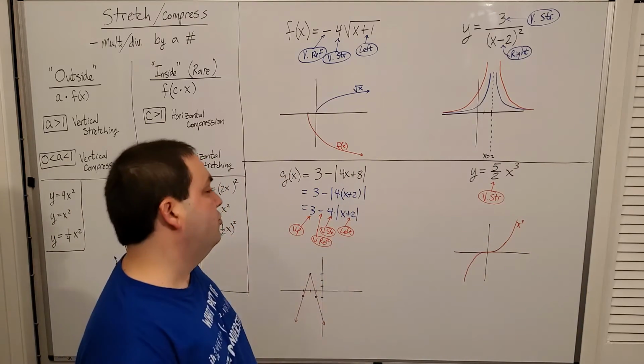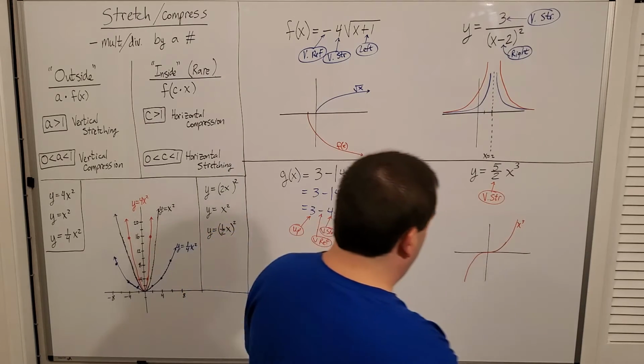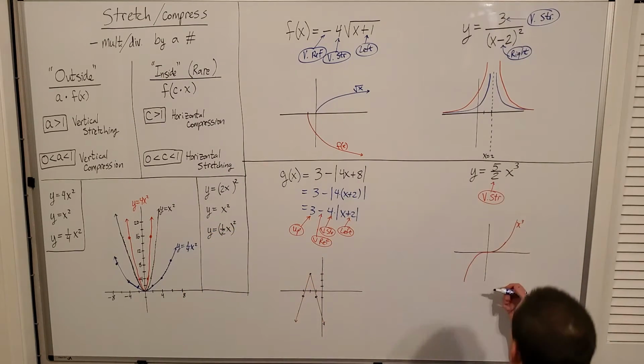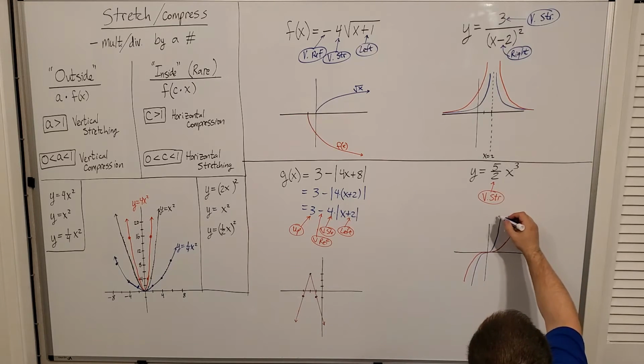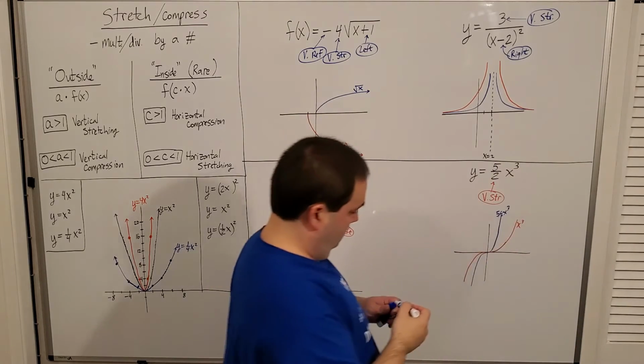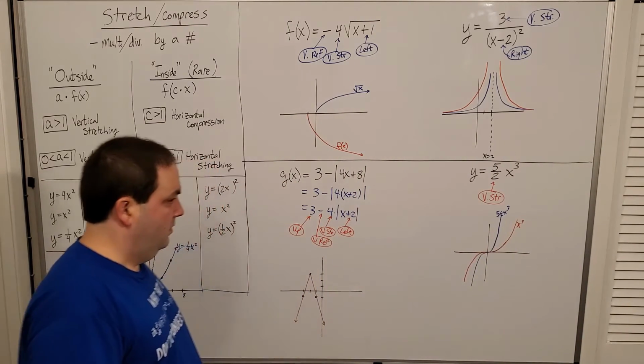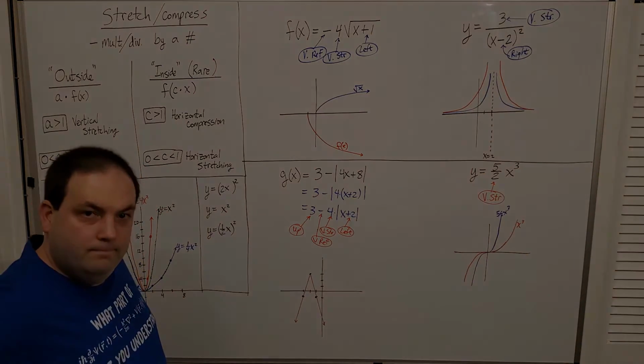And then a vertical stretch of this particular graph would simply make it look sort of skinnier, like this. Five over 2x cubed. Alrighty.